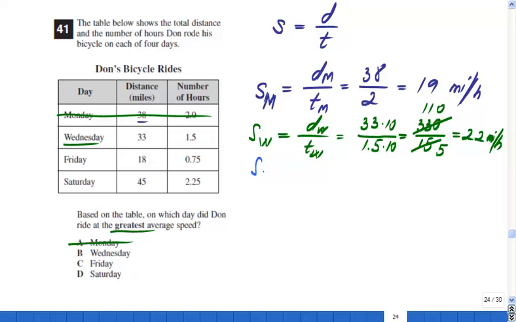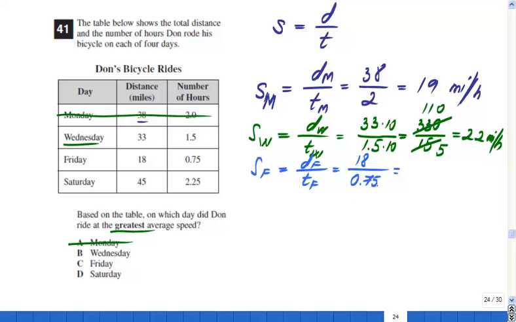Moving on. Average speed for Friday will be the distance traveled on Friday divided by the time for Friday. Distance 18, time 0.75. Now to simplify this one, there are many ways.